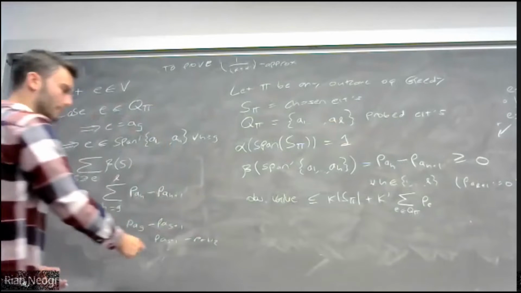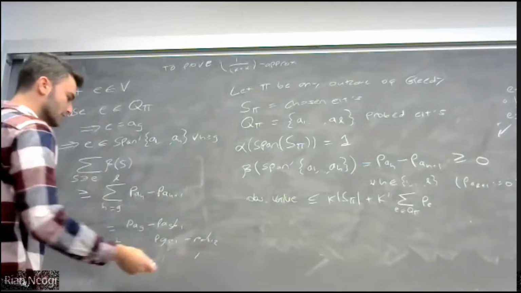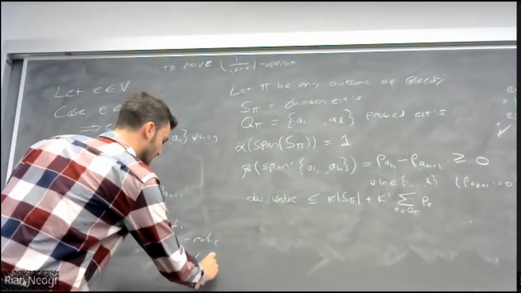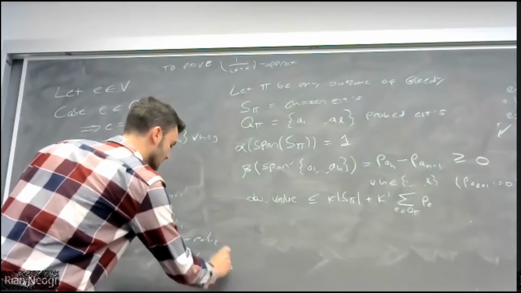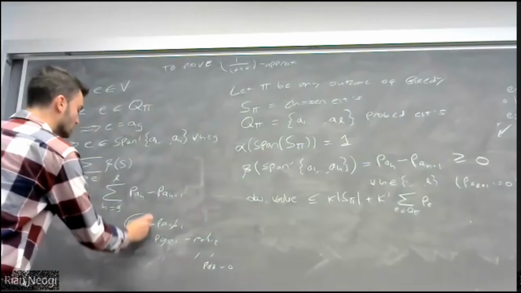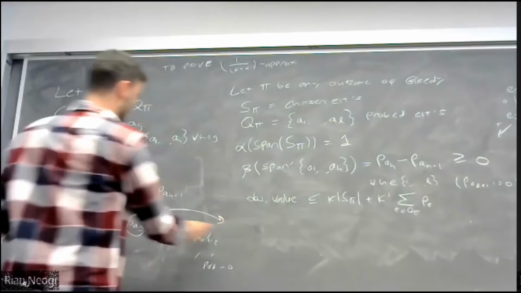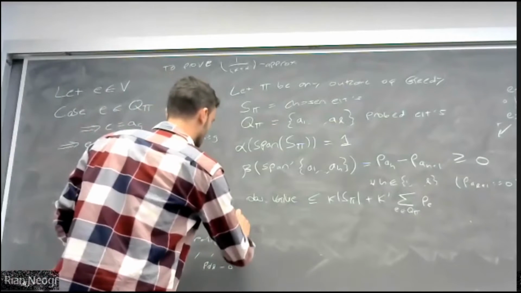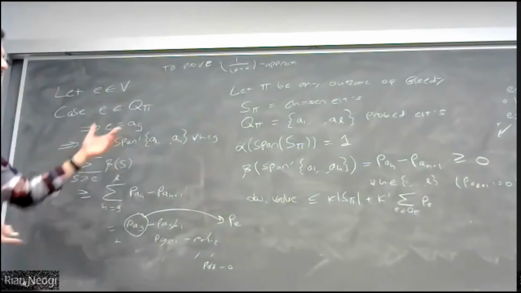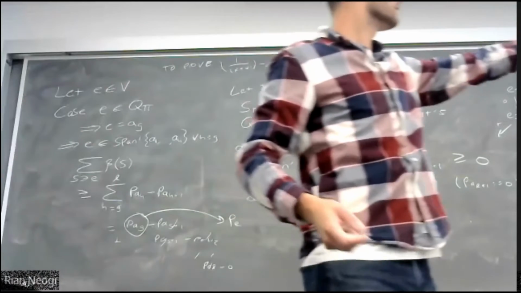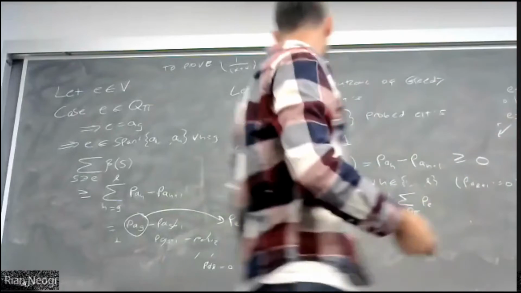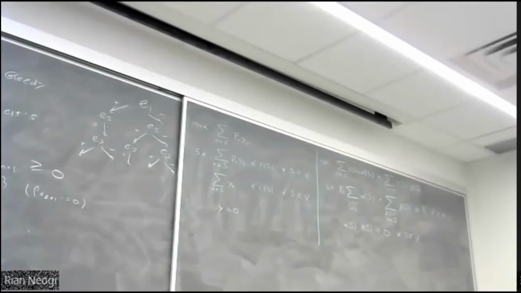And you can see what's going to happen here. All of these are going to cancel. At the end, we'll have PAL minus 0. So that's also going to cancel, and we're just left with PAG. But the PAG is just PE because of this. So we indeed get that the left-hand side is at least PE. So in this case, we're good.